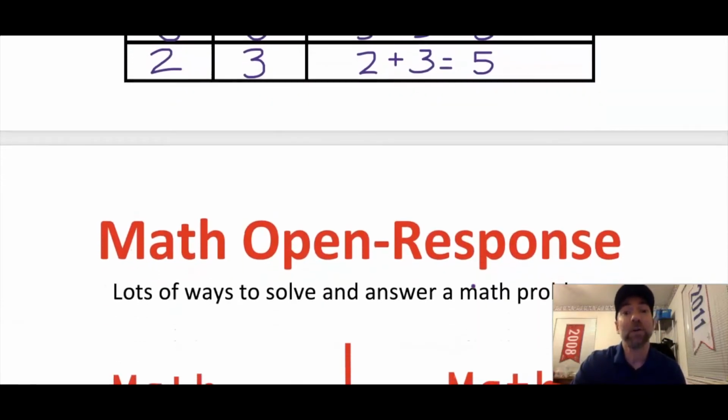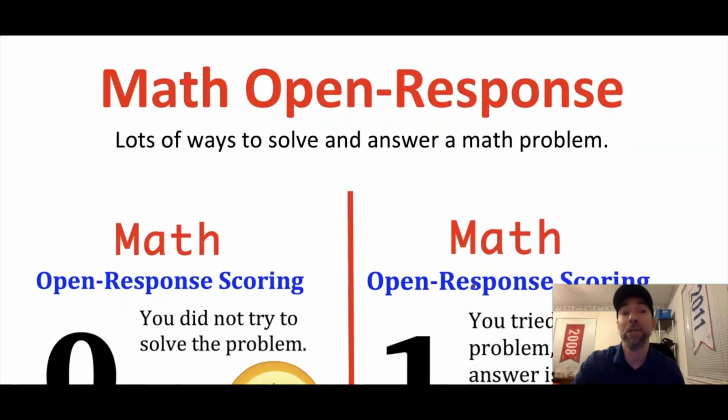Today in your Seesaw activity, you are going to be doing a math open response. An open response means that there's lots of ways to solve and answer a math problem, just like the one we did with girls and boys.